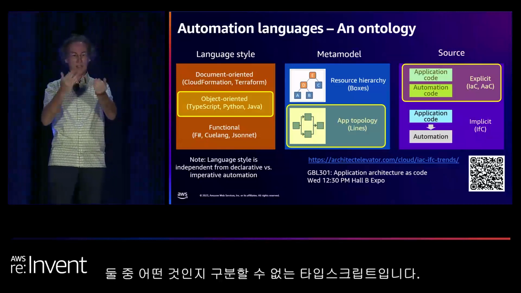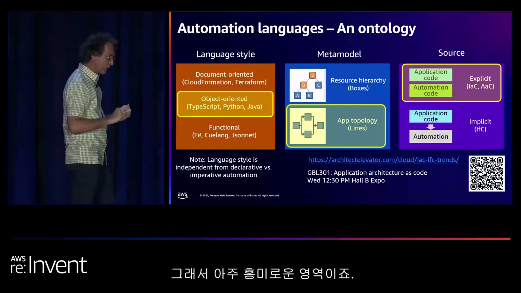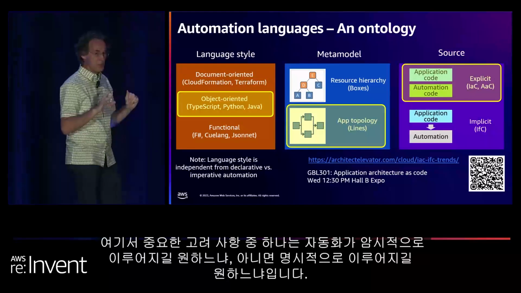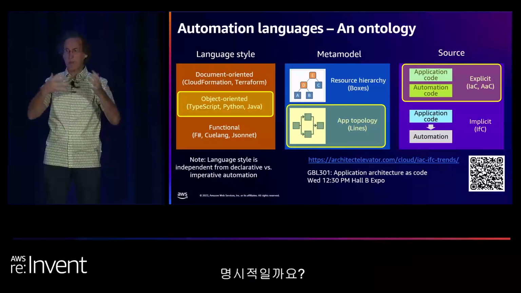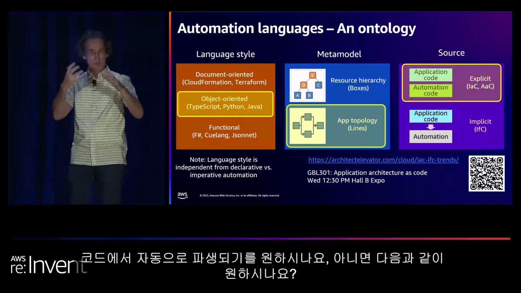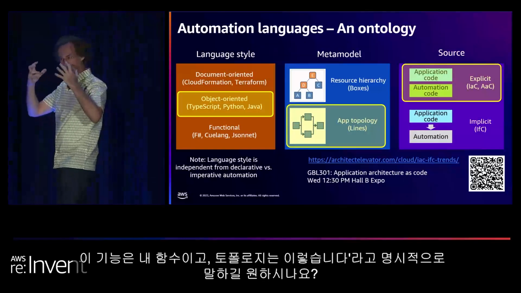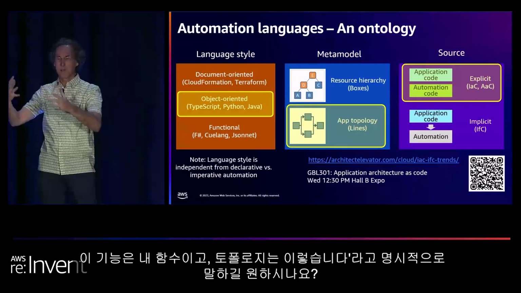It's TypeScript, so you really can't tell which of the 2 it is. Very, very interesting area. One of the key considerations here is, do you want your automation to be implicit or explicit? Do you want it to be automatically derived from your code, or do you rather want to explicitly say, hey, that's my functionality and here's my topology?